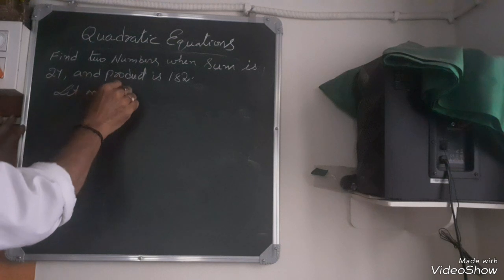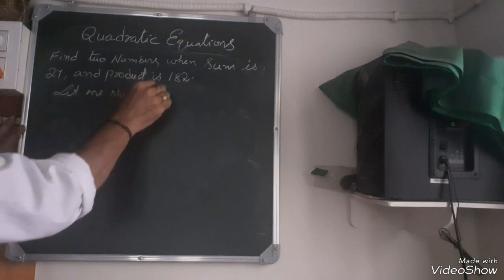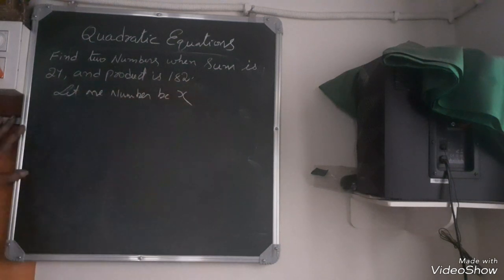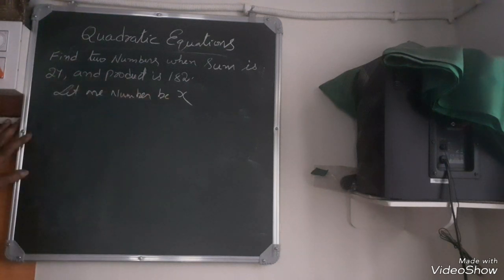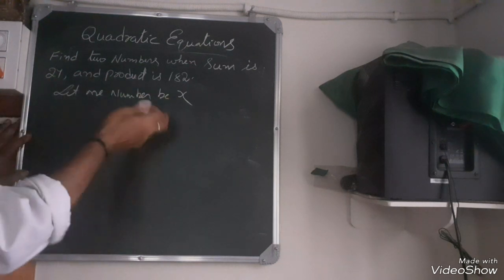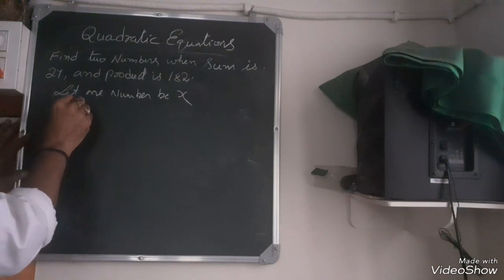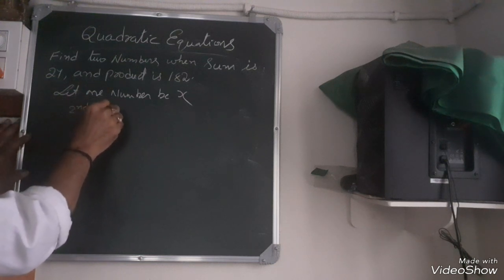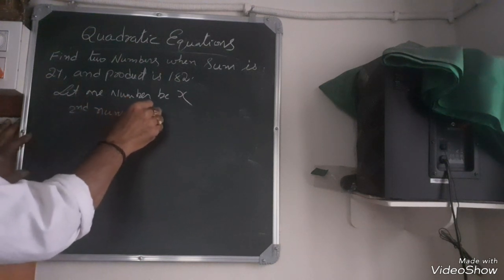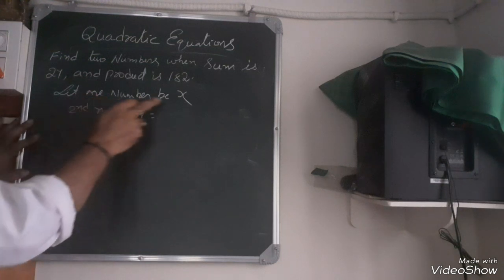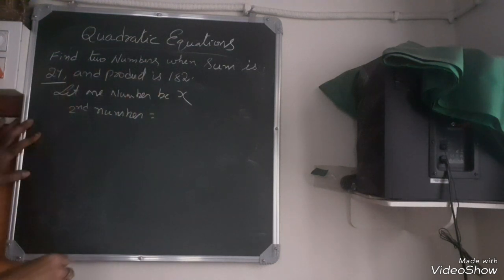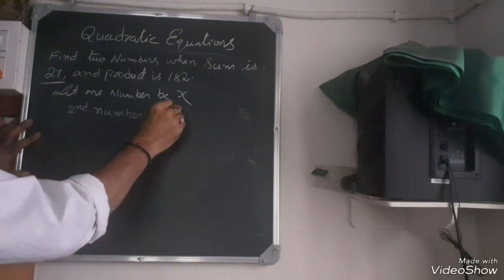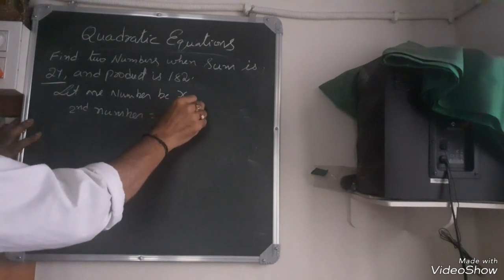Let one number be x. Sum of two numbers is 27, so the second number is 27 minus x.